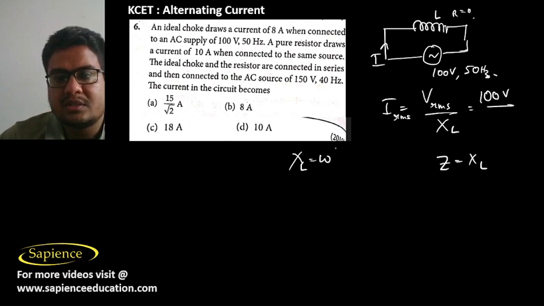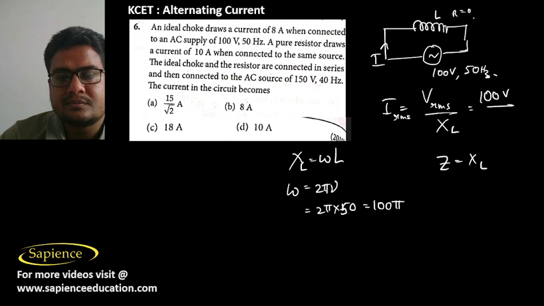XL is equal to omega L. Omega is 2 pi into nu, 2 pi into 50 hertz, that is equal to 100 pi radian per second.